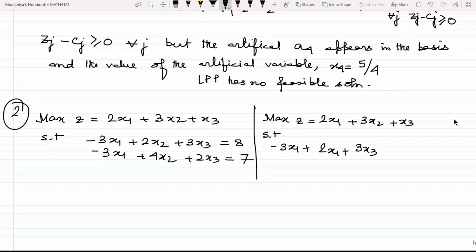Do we introduce again artificial variables? Do you get an identity matrix any other way?